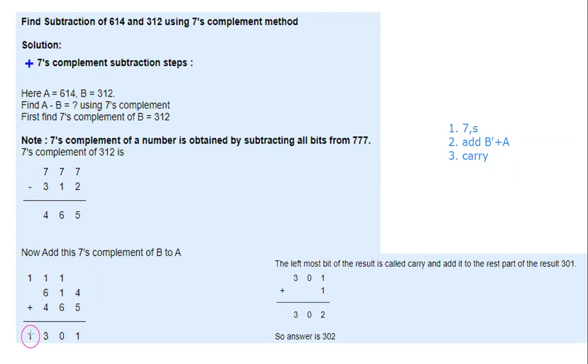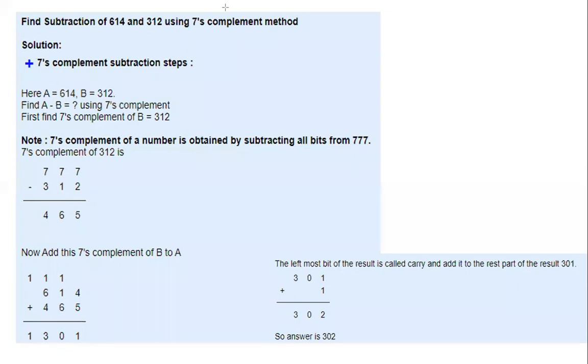I'll get a carry over here. If there is a carry, what do you have to do? This carry should be added to this particular one. Carry 1 is added to 301, so the solution will be 302. It is a positive solution. This is the 7's complement method.